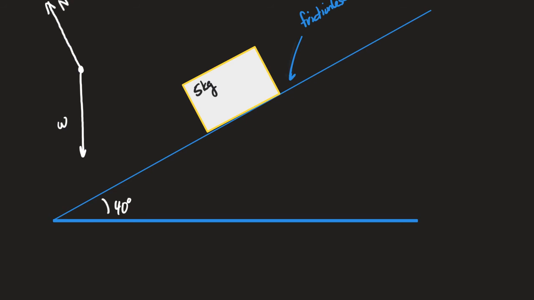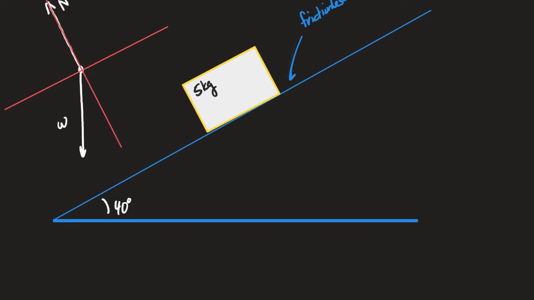So instead, to make the problem a little bit easier, I've always recommended that you use a certain set of priorities in designing your coordinate system, with the number one priority being to put the coordinate system in the direction of motion or in the direction of the acceleration, which would suggest a coordinate system that's lined up like this.